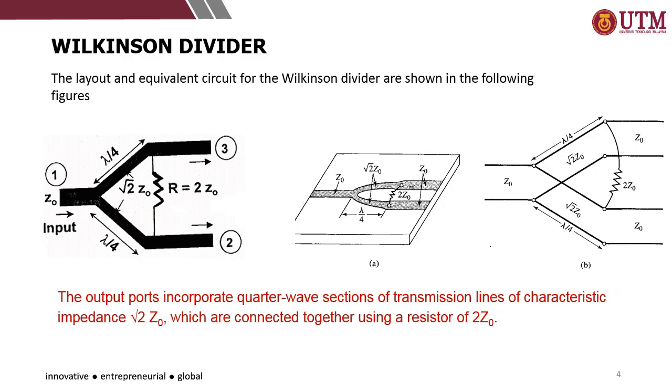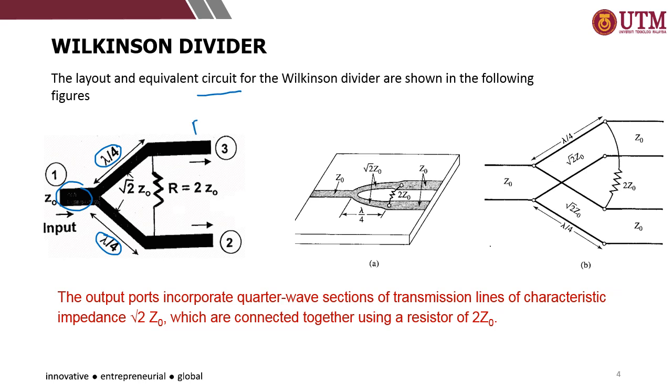Okay, this is how the Wilkinson power divider looks like. The figures show the layout and the equivalent circuit for the Wilkinson power divider. So there's a lambda over 4 transmission line or transformer introduced between port 1, the input transmission line, and the output port 2 and port 3.